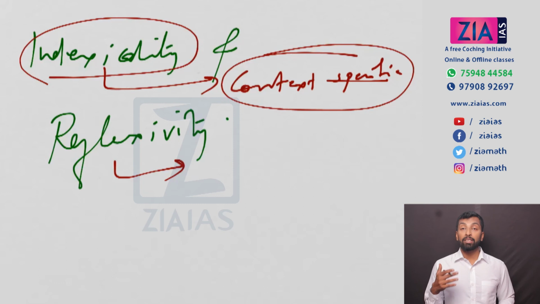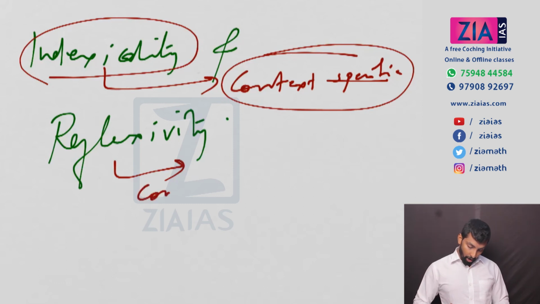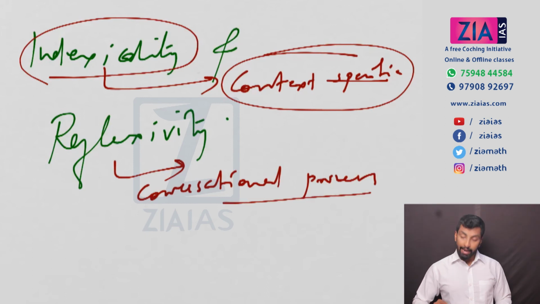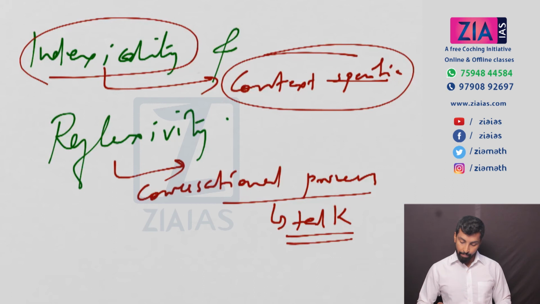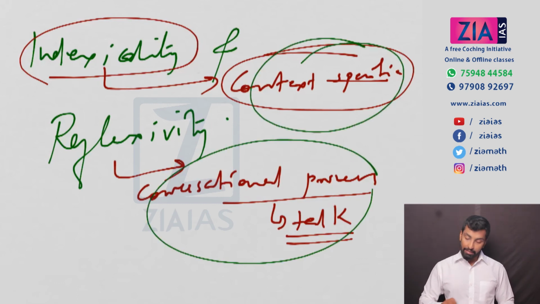Reflexivity means our sense of order is based on conversational process. It is created in a talk, okay? So conversation is important, and that's what we have already discussed. They are giving importance to individual accounts. So context specific and conversational process. Here the assumption is that members give meaning to their own life.